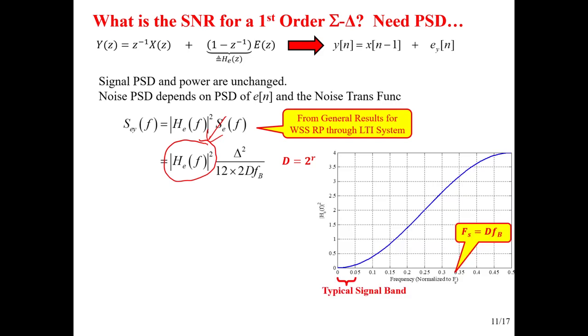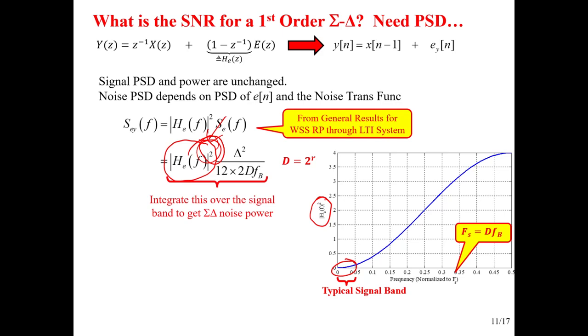Well, there it is. I'm now plotting magnitude squared. So for magnitude squared, it's even lower than what we were looking at with just magnitude. So it's magnitude squared that really affects the power. And so this is the thing that we need to integrate over the signal band.